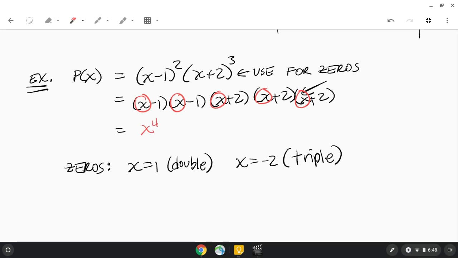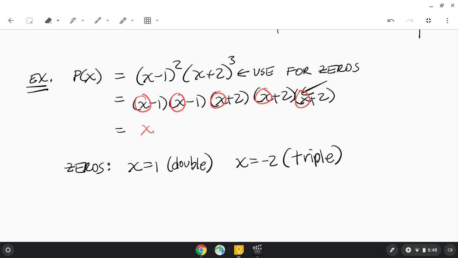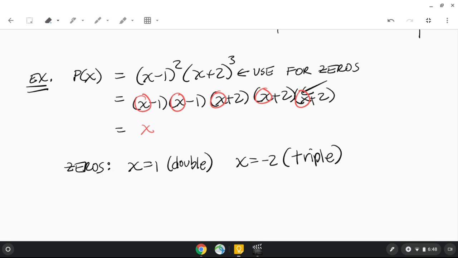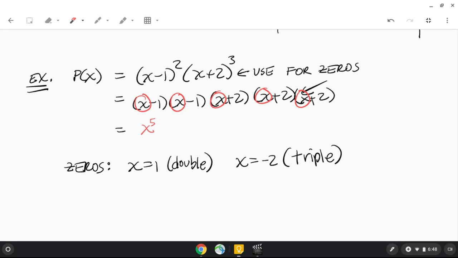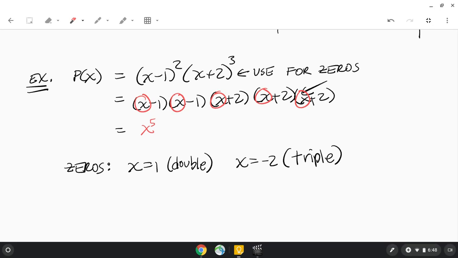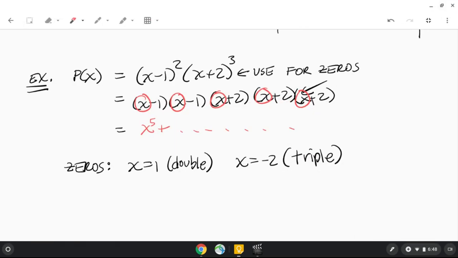Not fourth power, fifth power. So that's 1, 2, 3, 4, 5, x to the fifth power, plus dot, dot, dot, but we don't need the rest of that for our end behavior.